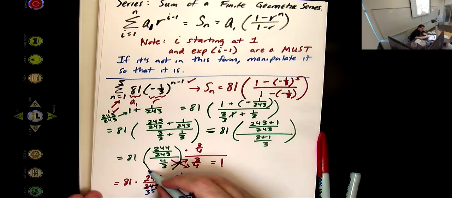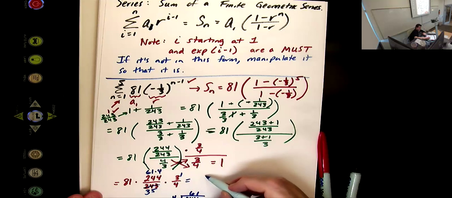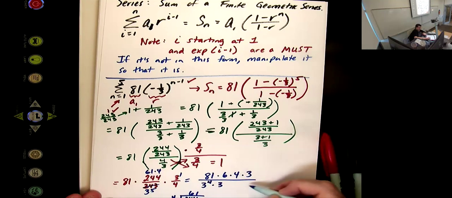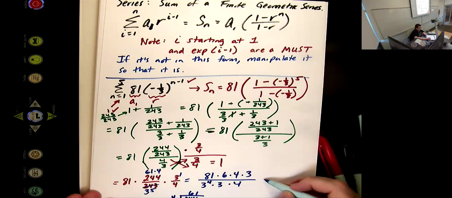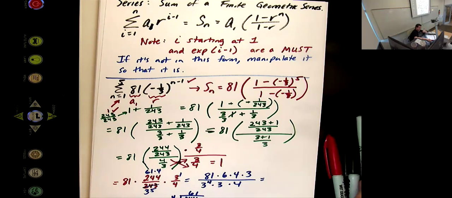So 244 is 61 times 4. So I could write this as 4 times 3 all over. I'm going to write 3 to the 5th power as 3 to the 4th times 3, and then times 4. I'm going a little bit slower on canceling stuff out to show everybody where everything's coming from.